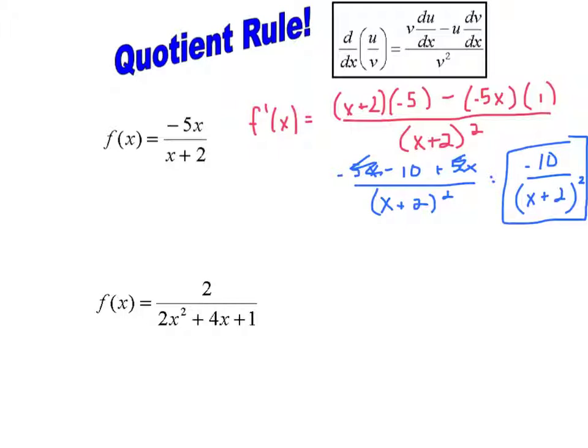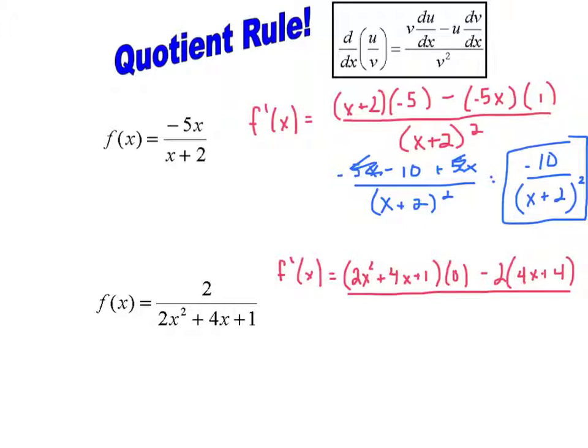Okay. Let's quickly do this one as well. F prime, low d high. Well, the derivative of 2 is 0, so this whole thing's going to drop off. Minus high d low, derivative of the low is 4x plus 4.